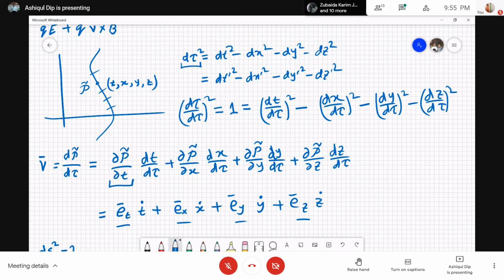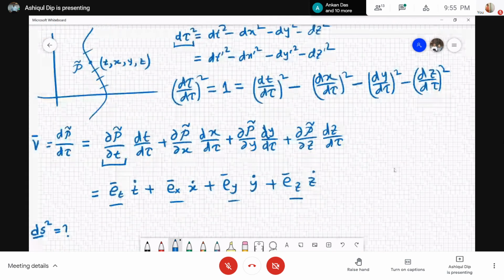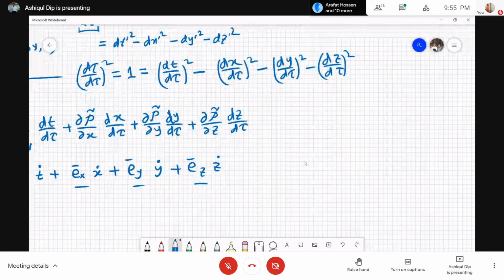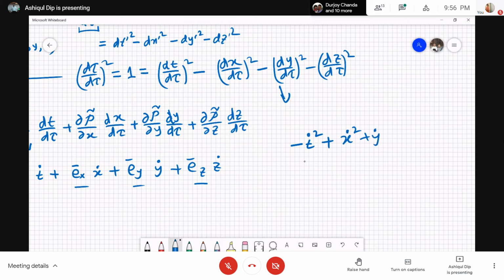I think so. Okay, that means from this expression we can conclude that negative t dot square plus x dot square plus y dot square plus z dot square equals to what? -1. Yes, -1.